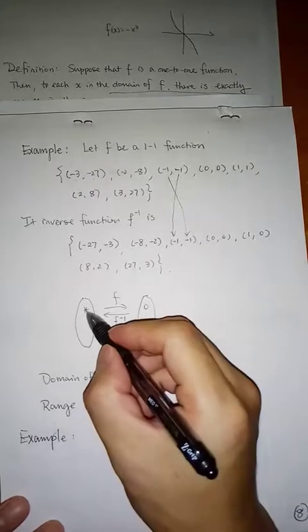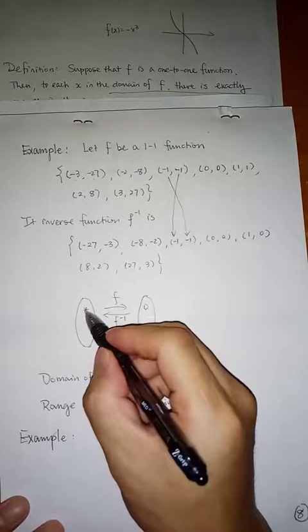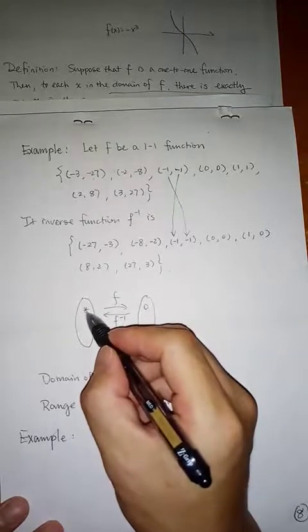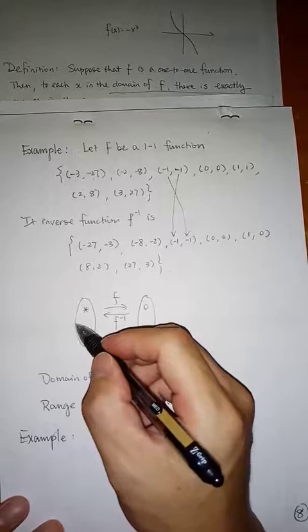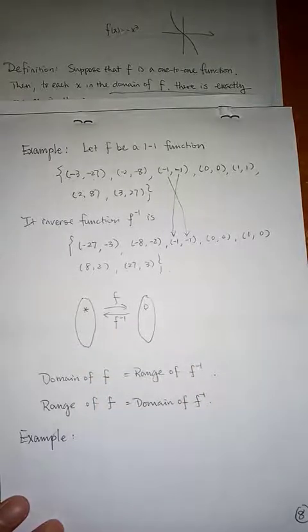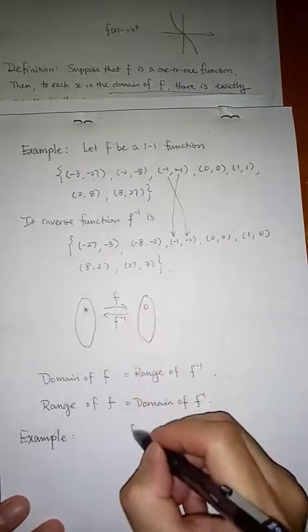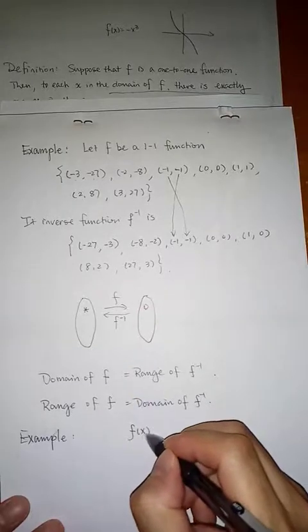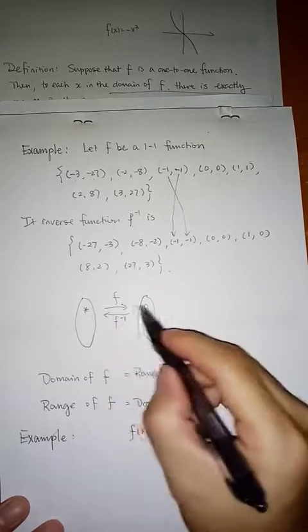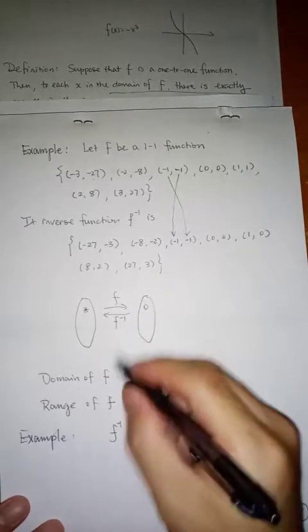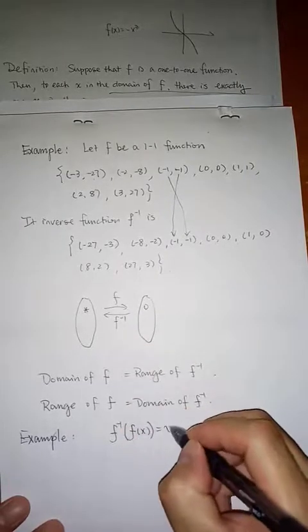You go from star to circle, and by the inverse function, you go back to the star. So that's the way for us to verify if two functions are inverse to each other, because you apply f to x, you get this circle, and then you apply the inverse function, you are back to x.